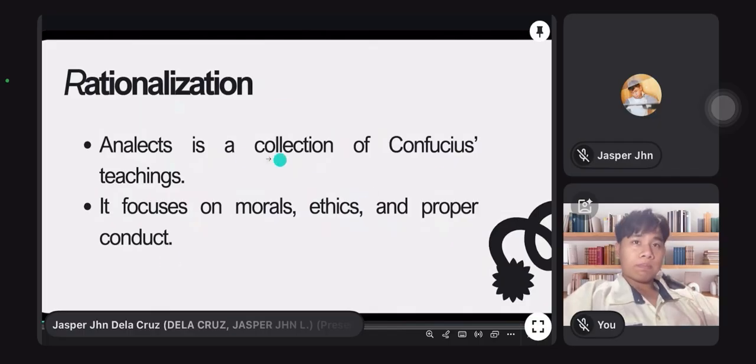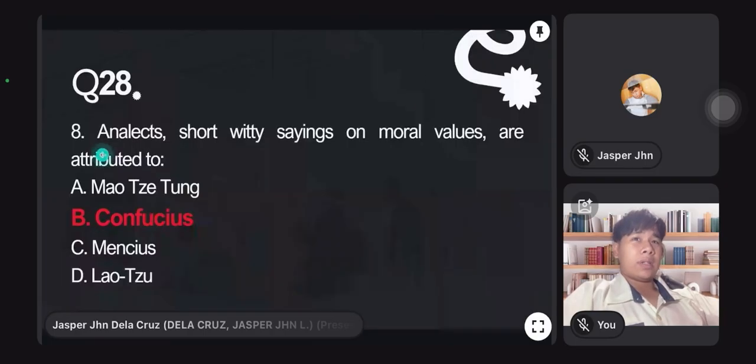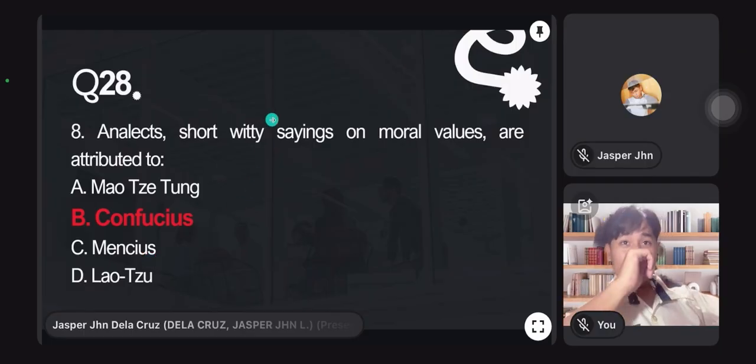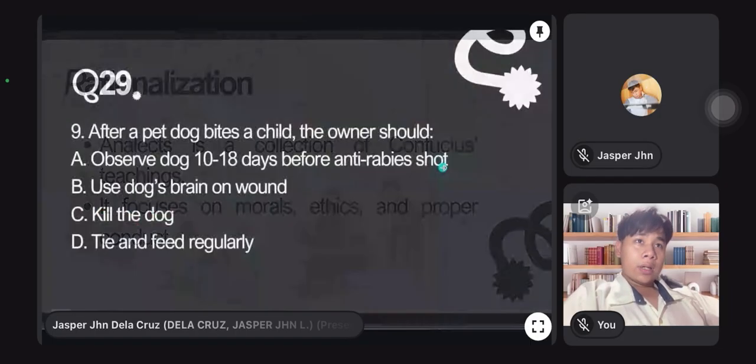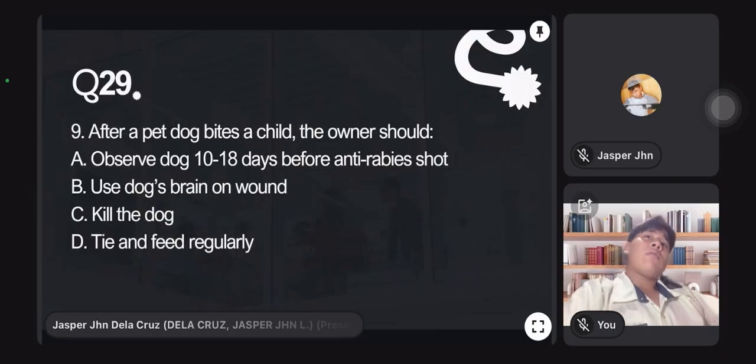So this is the rationalization. It focuses on morals, ethics, and proper conduct. Mao was a modern leader, not this one. Mencius, on the other hand, is a follower, and Lao Tzu taught Taoism.